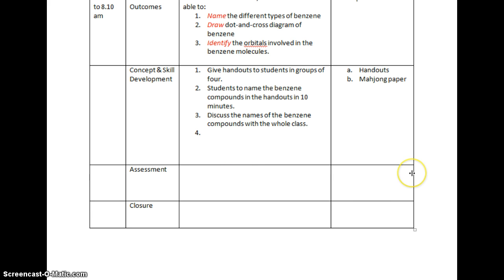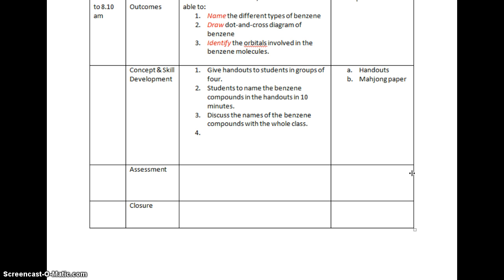Assessment. What type of assessment, and how do you want to assess whether your students are able to name the different types of benzene, able to draw and identify? So use your creativity. How are you going to do this?